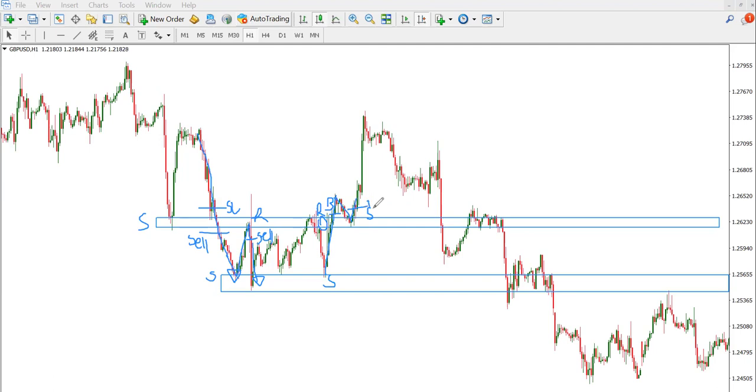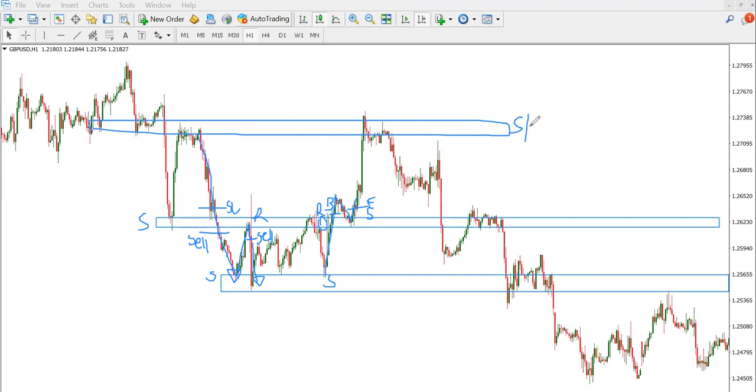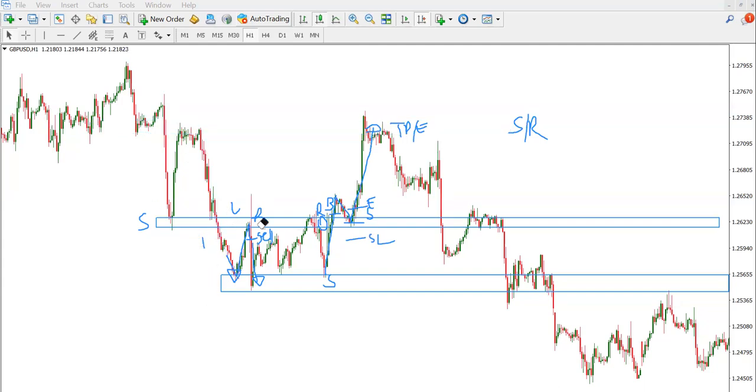Put in your entry there, and then you target previous level of support and resistance, meaning this would be your take profit area or your exit, and then stop loss below the support area. I hope all of that makes sense. So that's how we would trade supports and resistance.